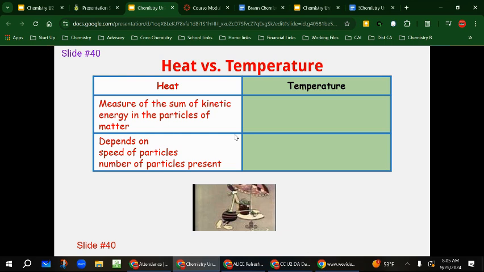Can I increase the mass of the particles in this desk? So what is the only way I can make them have more kinetic energy? Change their velocity. How do I change their velocity? How do I get the particles in that desk to start moving faster? I heat it up.